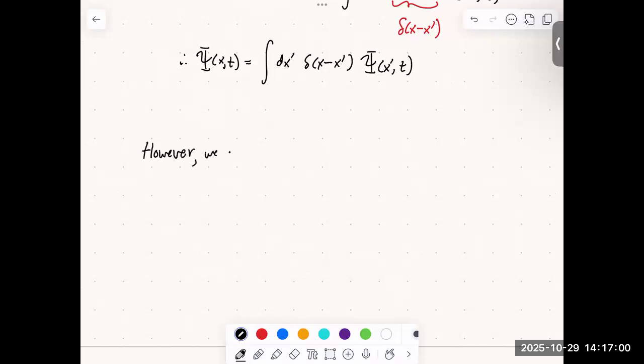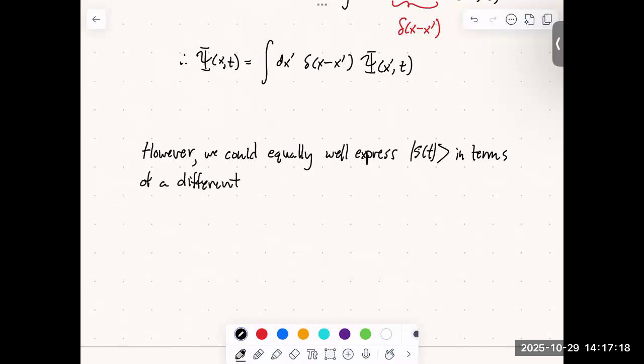We could equally well express our quantum state in terms of a different set of eigenfunctions, or in other words, a different basis. Maybe I want to express it in terms of the momentum basis.